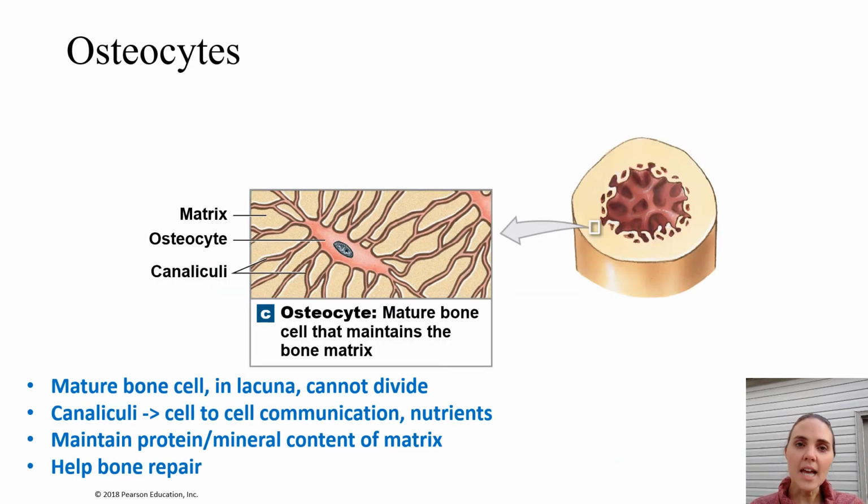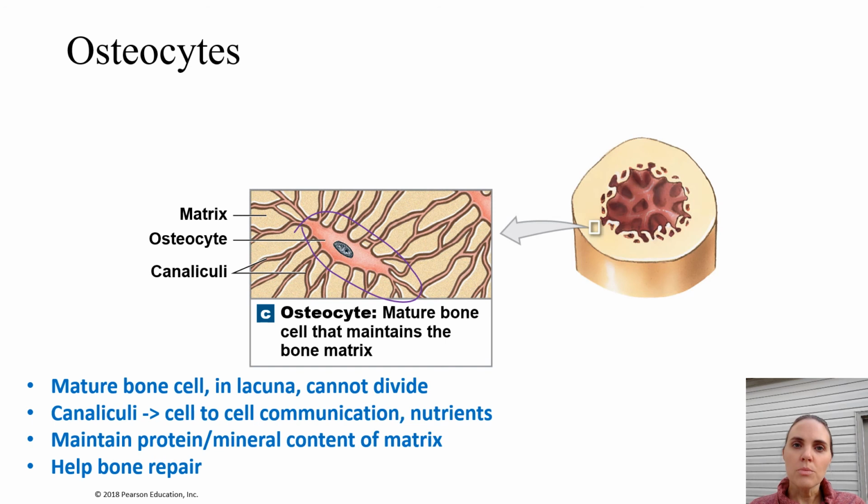So our osteocytes are the mature bone cells in the solid matrix, and those are the ones that we could see in lab when they were the little black ovals when we were looking at the tissue in the microscope slides. And osteocytes do not further divide. They are the adult cell.